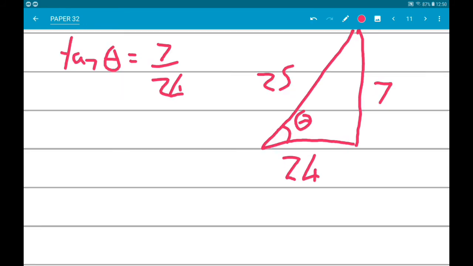Now, from that, we get sine theta is 7/25. Now I'm going to turn that into a decimal, so that's 0.28.